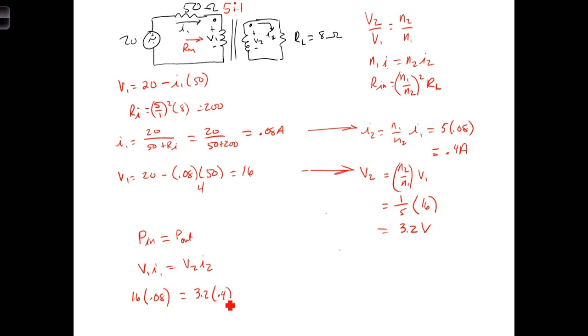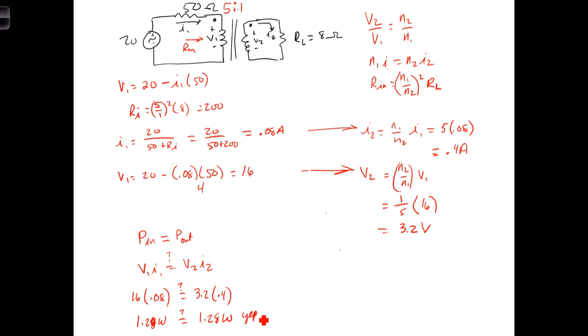On the left side, we've got 16 times 0.08. That's 1.28 watts. And over here we have 3.2 times 0.4, that is also 1.28 watts. So, yep. Power in equals power out.